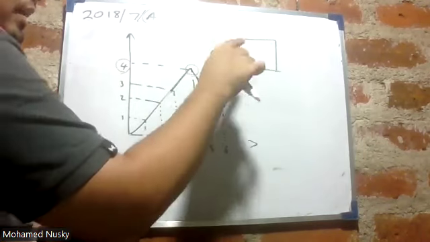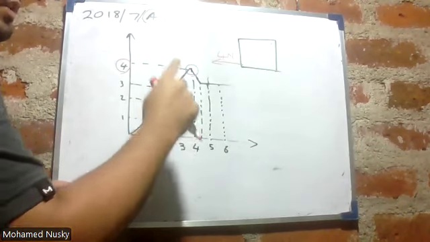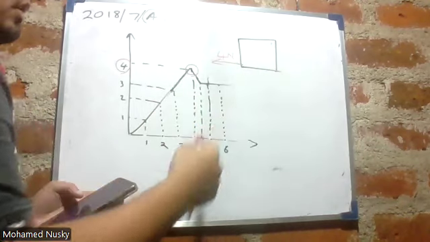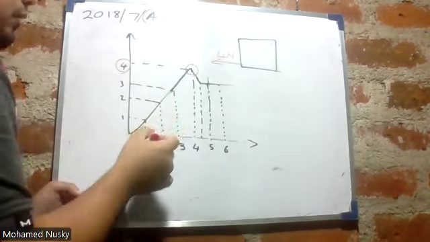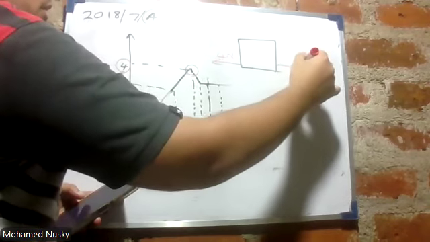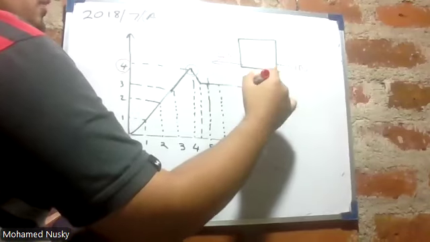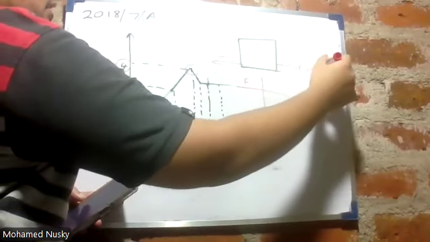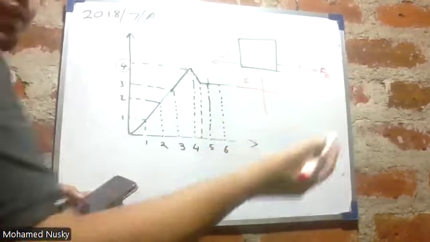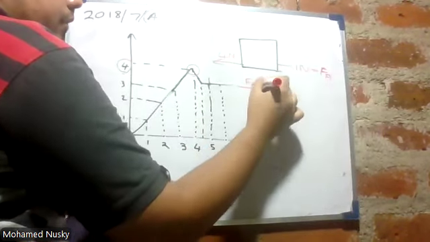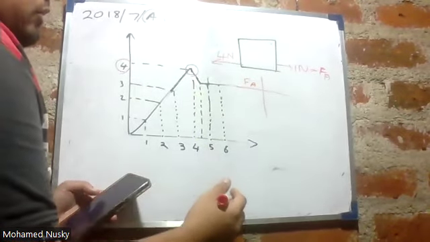So at that instance, what is the static friction? That static friction is equal to the force that we have given. Now the maximum static friction is 4 Newton. Let us take FA as force applied.